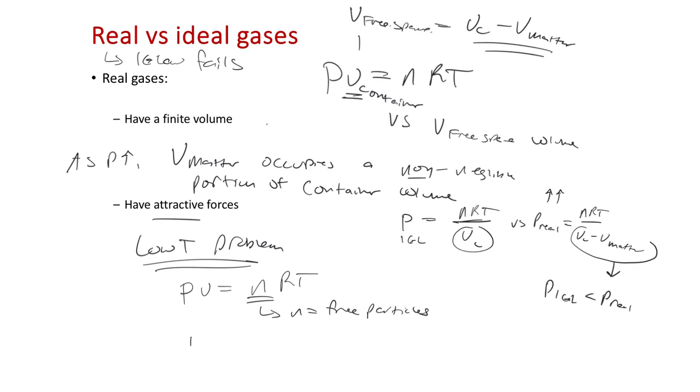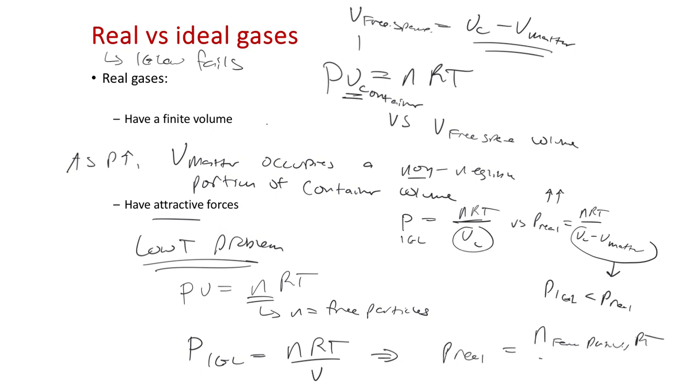So if I'm calculating my pressure from the ideal gas law, and I'm simply plugging in the calculated number of moles in my sample and dividing by the volume, I can compare that with my real approximation, where I use the actual number of free particles, which is going to be lower.